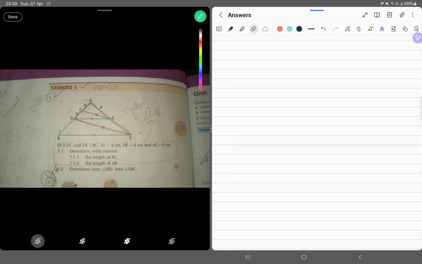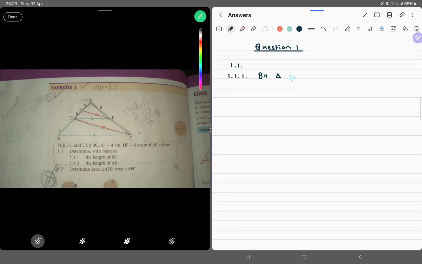Okay, so for us to work this one out, let's just write it nicely and say this is question 1. In question 1 we've got 1.1, which is subdivided into 1.1.1. Now we need EC. So what triangle is the best? The best triangle that we have most of the things is ADC. So you need to know how to look into this diagram and work things out.